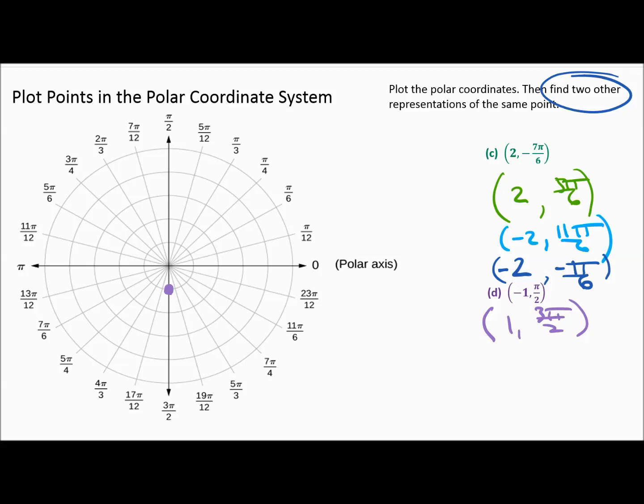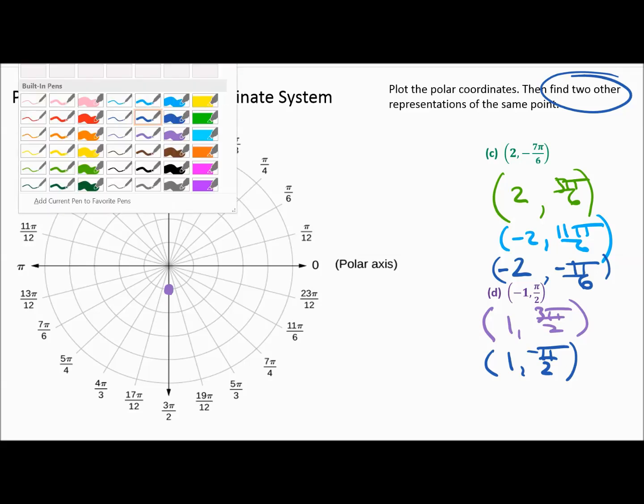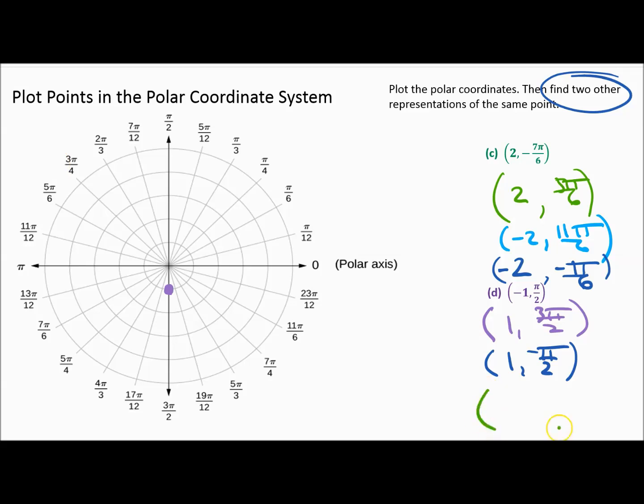All right, so now let's try a negative angle. If I keep the positive 1 the way it is, how can I write this angle with a negative angle? And I know you all know that's negative π/2, right? Okay, and then again, to go above and beyond, let's work on making them both negative.